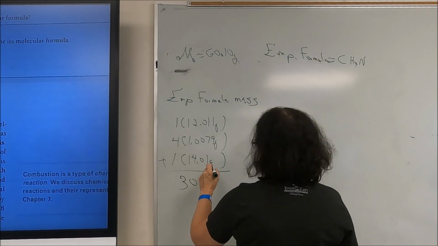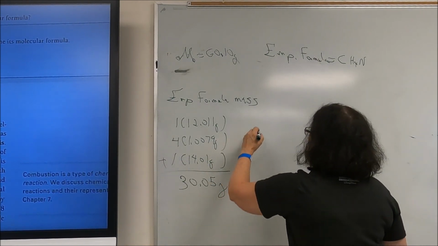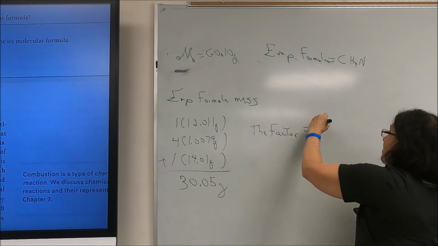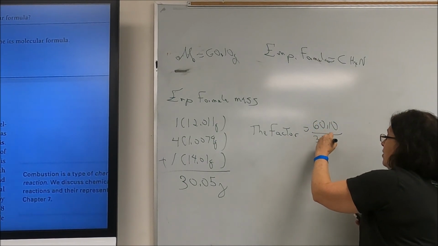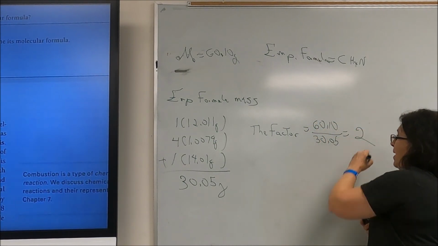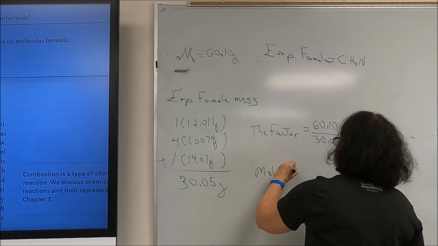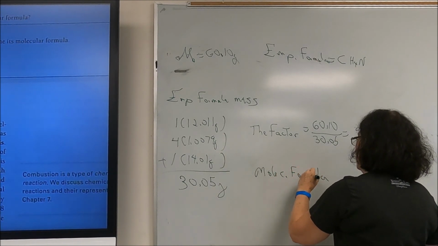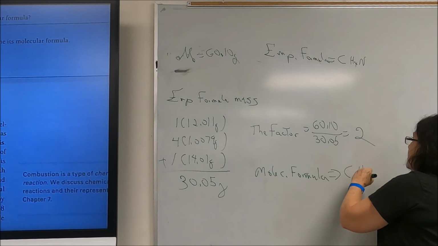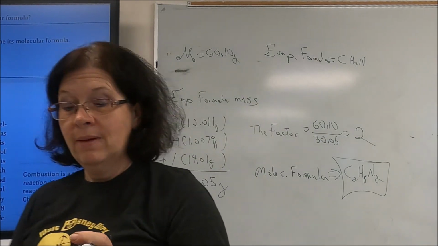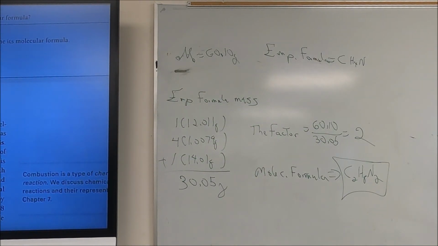That's as far out as I can go, 2 decimal places. Okay, so to get the factor, I'm going to take 60.10 and divide it by 30.05, and I'm going to get a big whopping 2. So our molecular formula is going to be C2H8N2. Okay? Now, these are all very similar problems. You just got to follow the process. And if you do the process, you're going to be good.